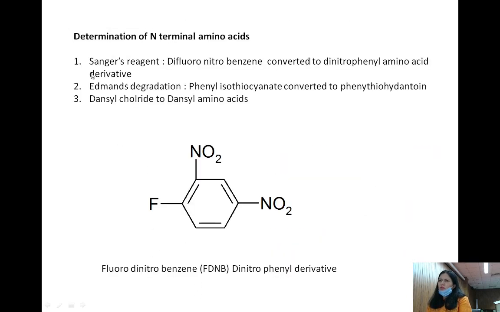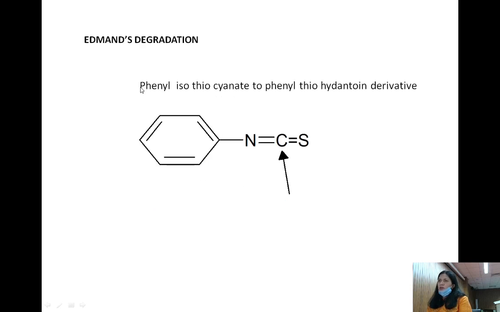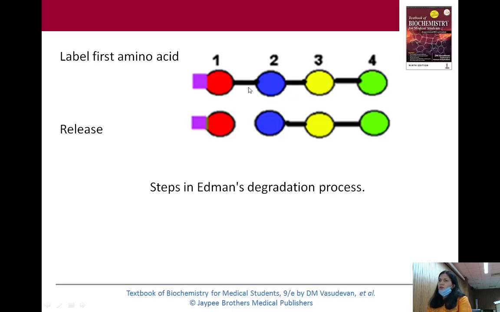Okay, so again we'll just repeat from the N-terminal end. This one is the Sanger's reagent, which is fluorodinitrobenzene. It forms the dinitrophenyl derivative with the N-terminal amino acid. Then the Edman degradation uses phenyl isothiocyanate, which is converted to the phenyl thiohydantoin derivative. First of all you label the first amino acid with phenyl isothiocyanate.